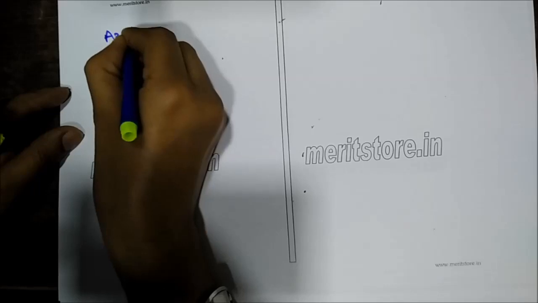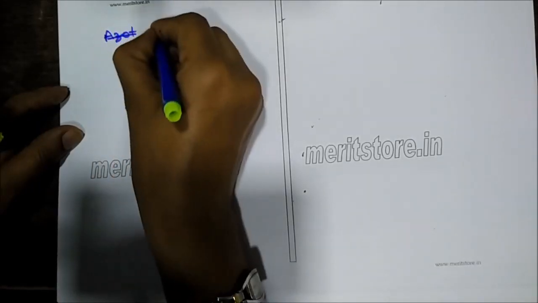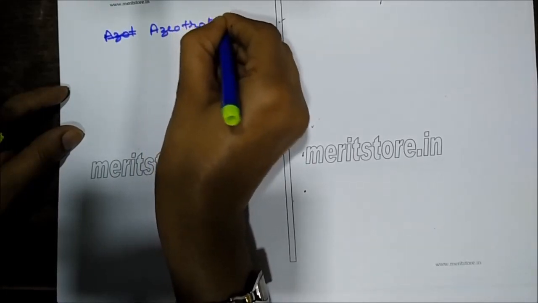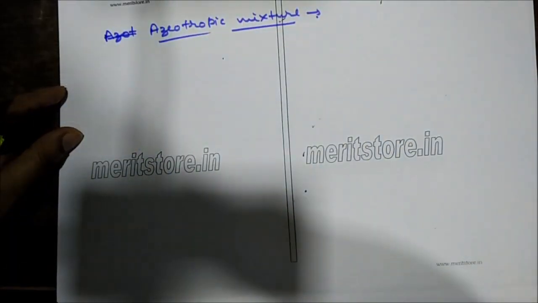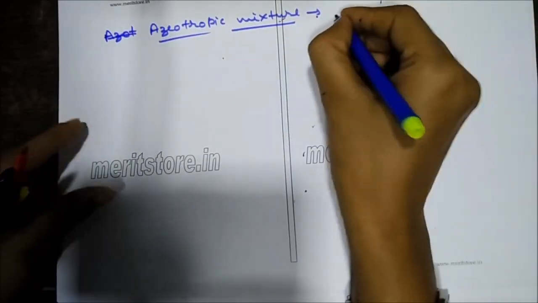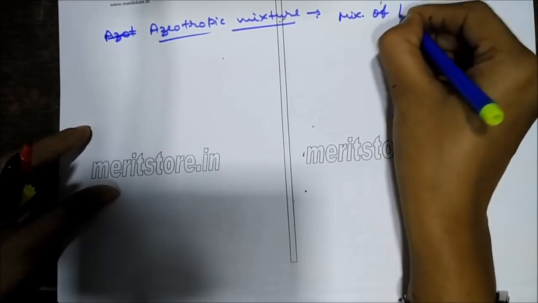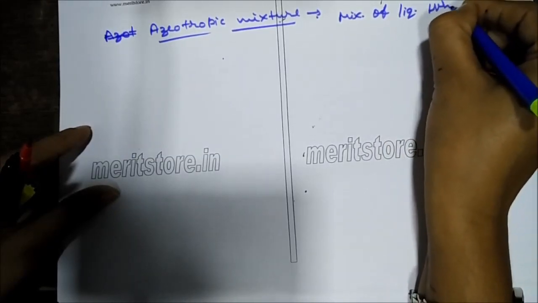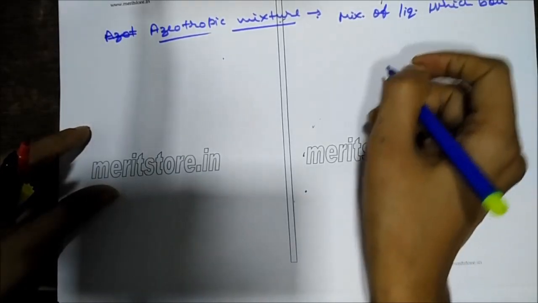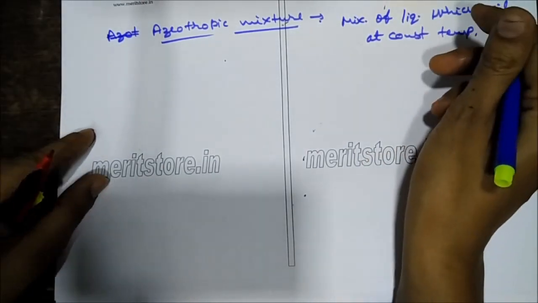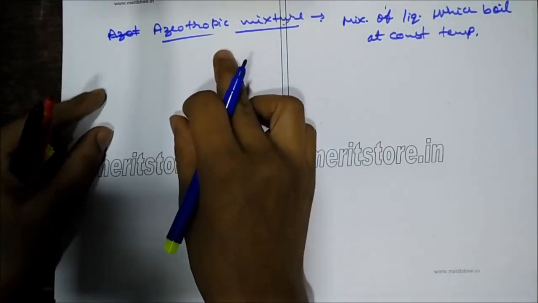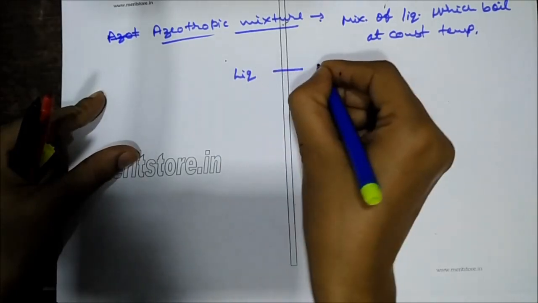Now azeotropic mixtures. What is an azeotropic mixture? A mixture of liquids which boil at constant temperature are called azeotropic mixtures, and these possess the same composition in liquid as well as in vapor phase.